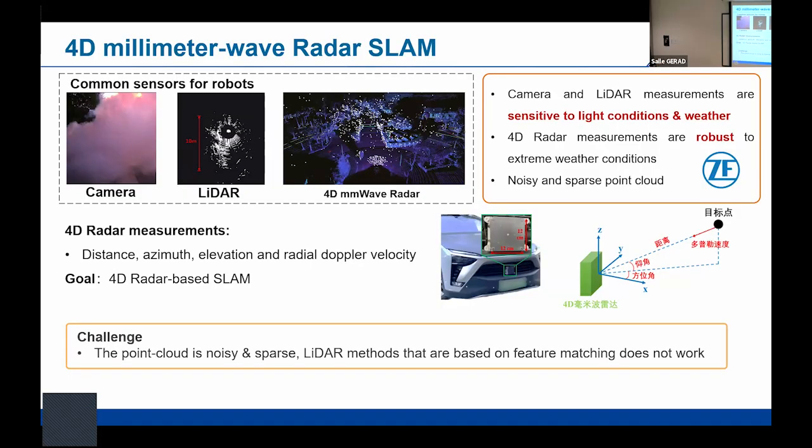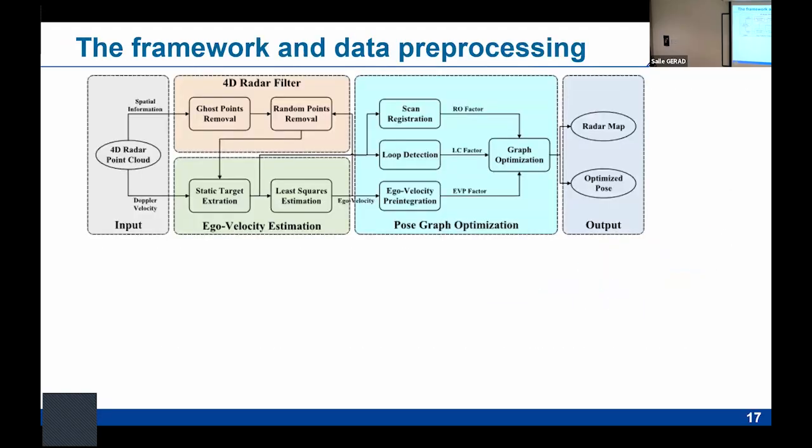Also, there's one important factor for each point: it provides a radial Doppler velocity in this direction here. So you can use that extra information to do a lot of things. The key challenge is that the point cloud is noisy and sparse, so LiDAR methods based on feature matching do not really work. We have tried, but it never worked.